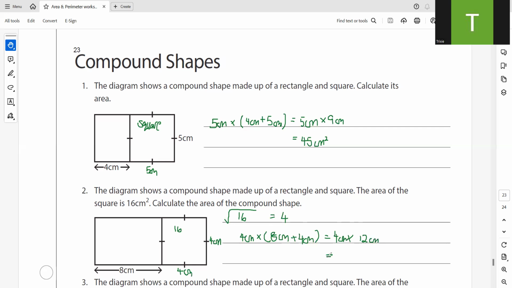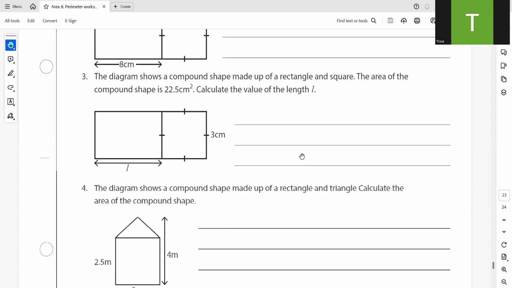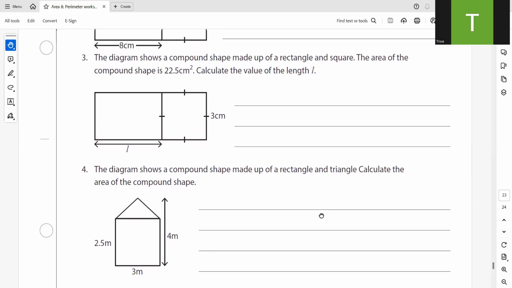So 4 cm times 12 cm, you'll get 48 cm squared. Remember the unit always. And that's for question 1 and 2.